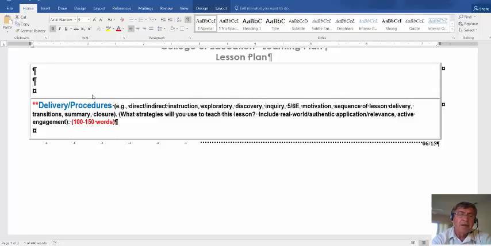Okay, so as far as 5E or 6E, I'm not sure. Okay, but go ahead and write all that out.